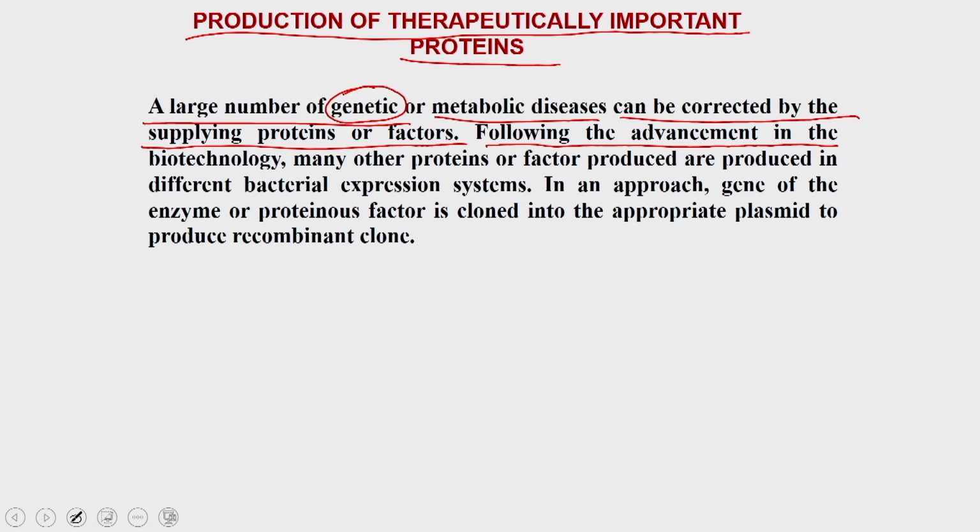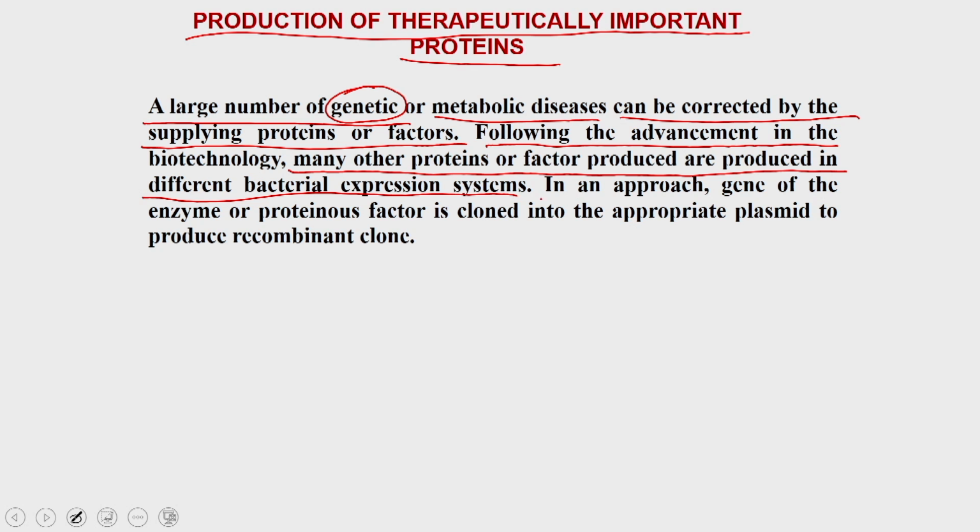So, what you are supposed to do is produce that protein or factor in a bacterial expression system, and then supply these proteins in an artificial way, which means you have to supplement these enzymes which drive the metabolic reactions.